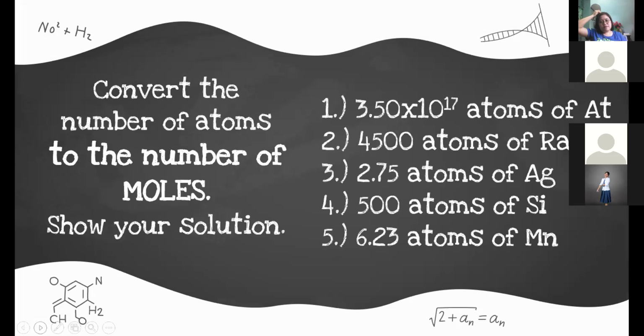So, in this activity, we need to convert the number of atoms to the number of moles. So, the first given is 3.50 times 10 to the power of 17 atoms of astatine.